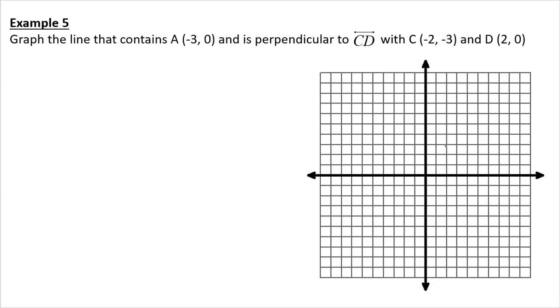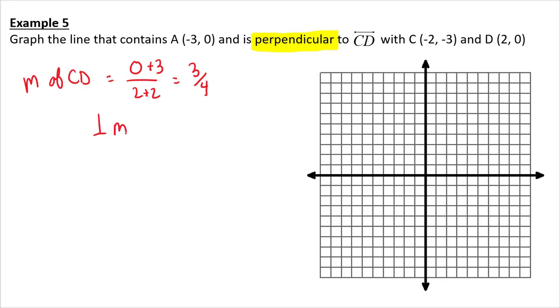Example 5. Graph a line that contains negative 3, 0, and is perpendicular to CD. So I need my opposite reciprocal slope. Let's find the slope of CD. I have a 0 minus a 3 over a 2 minus a negative 2. So I have 3/4. So my perpendicular slope is going to be negative 4/3.